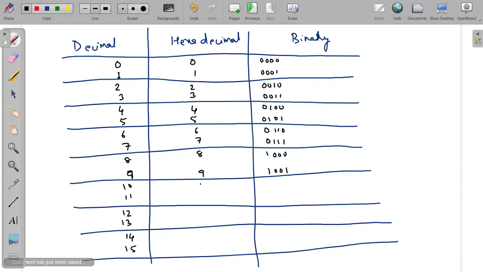In hexadecimal there will be capital A, B, C, D, E, F, and in binary 1010, 1011, 1100, 1101, 1110, 1111.